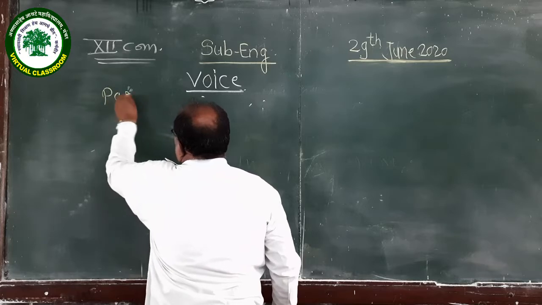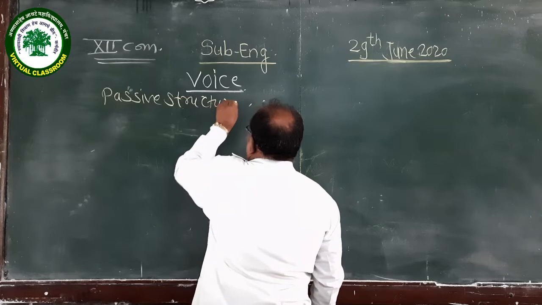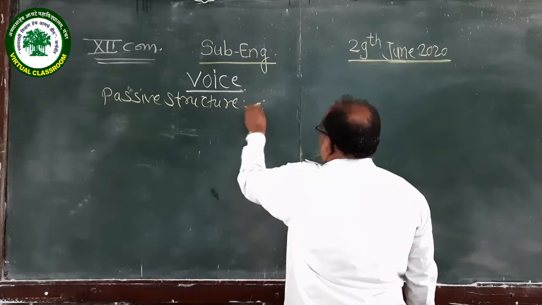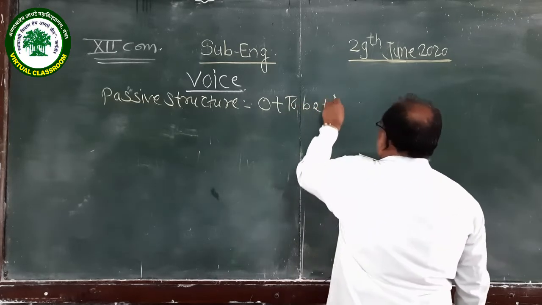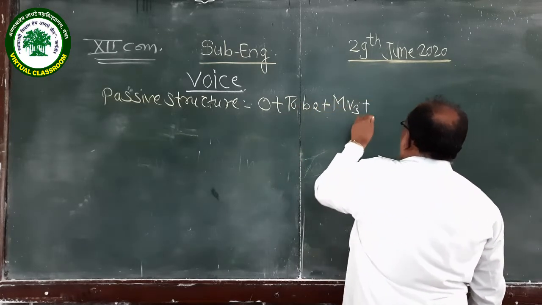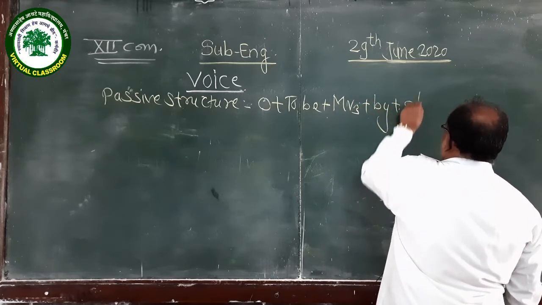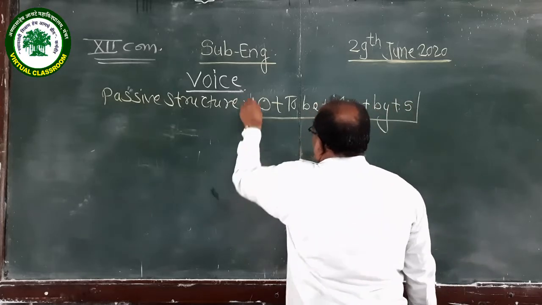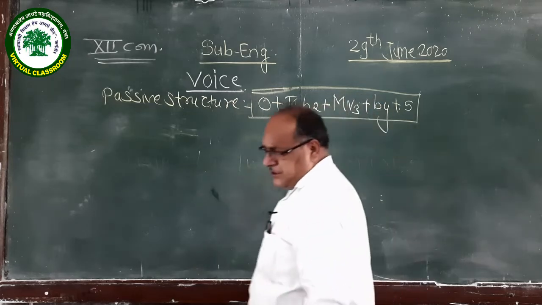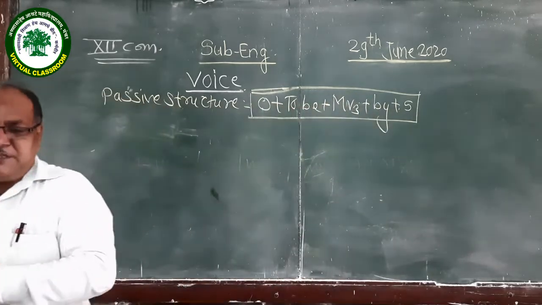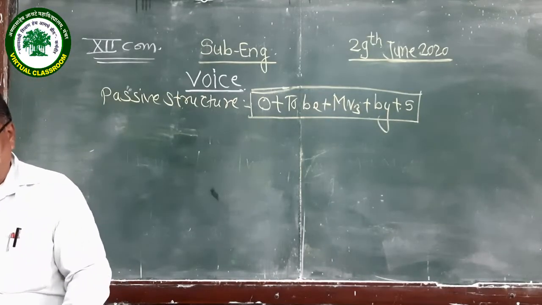Passive structure: object plus to be plus MV3 plus by plus subject, and if there is an extra part, you should write it at the end of the sentence. With the help of this structure, we can change a sentence given in active voice to passive voice.